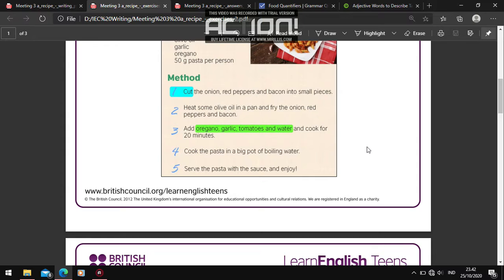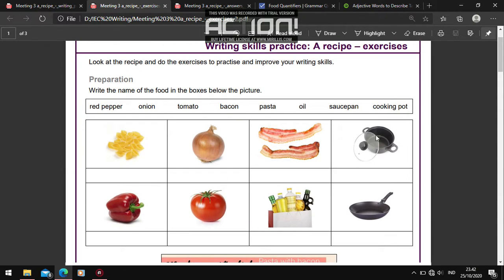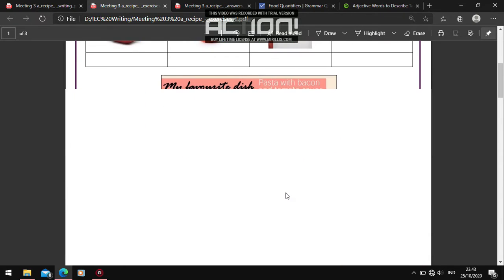So that's why you need to know this. The cooking pot is for cooking, but for the saucepan, when you want to make the sauce you need the pan. So that's why, like I've told you before, you also need to know some of the vocabulary relating to the food too, not only about the food.